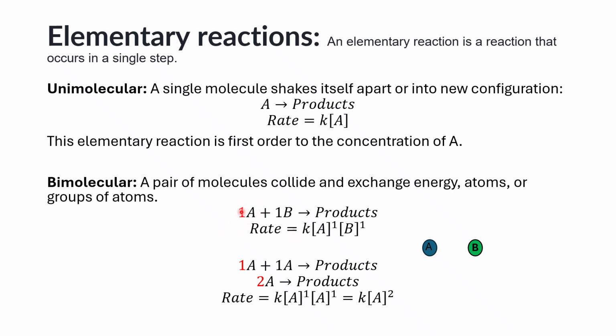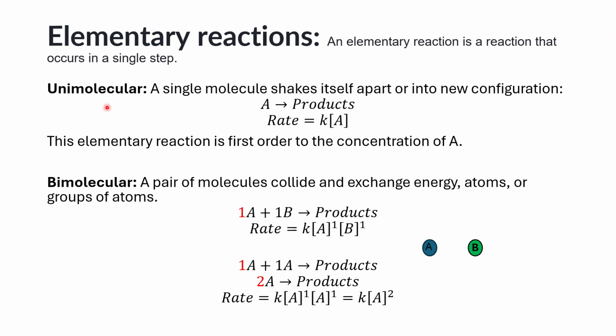For example, we usually see a bracket after the reactant representing S for solid, L for liquid or G for gas phase. Usually for elementary reactions, we do not specify the state of the reactant in these equations.